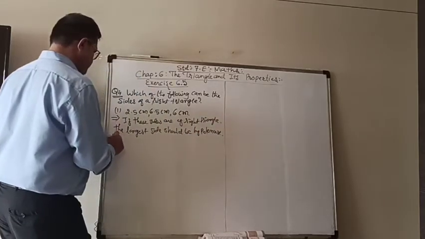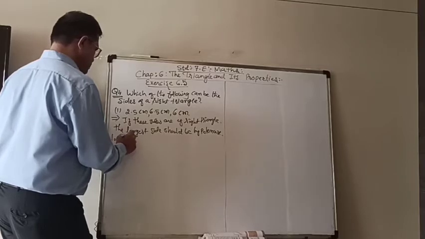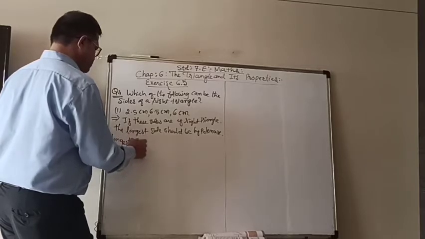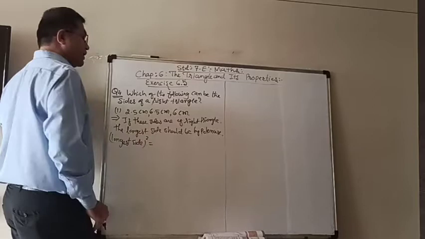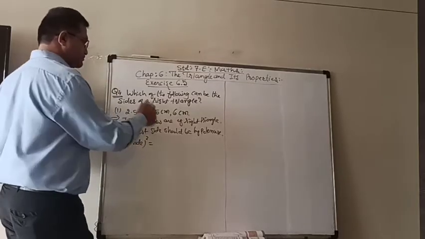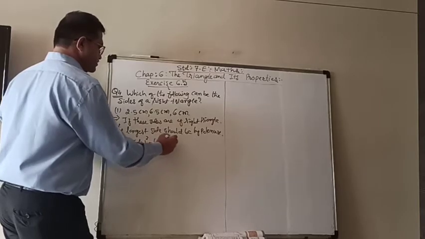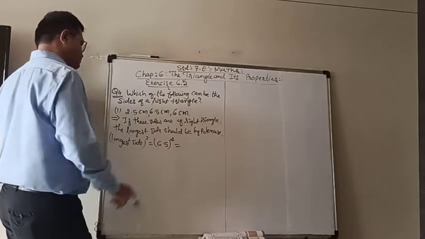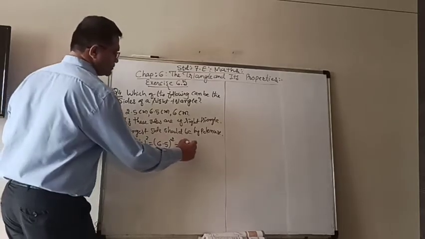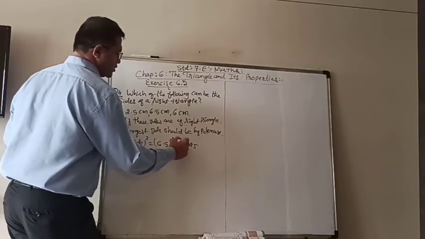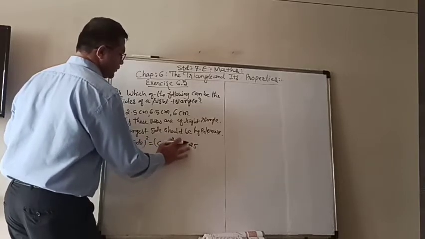So now, we will make the square of the longest side. The longest side is 6.5. 6.5 square will be 42.25.